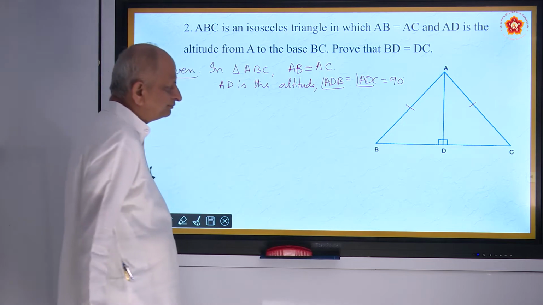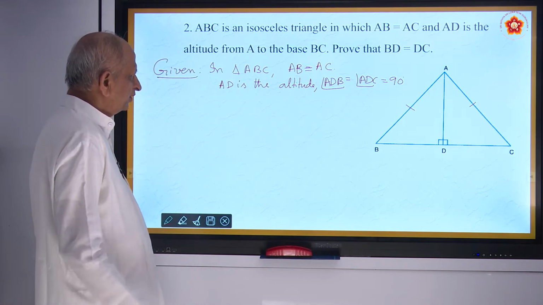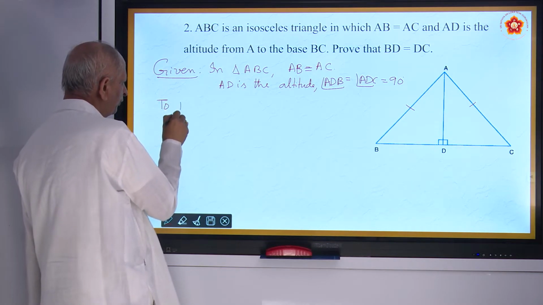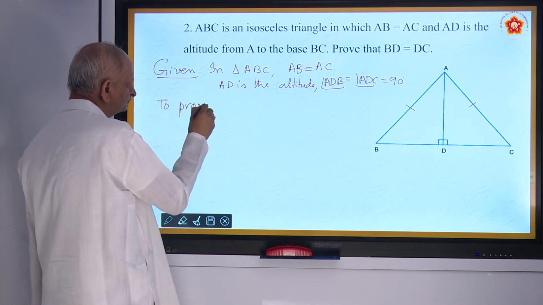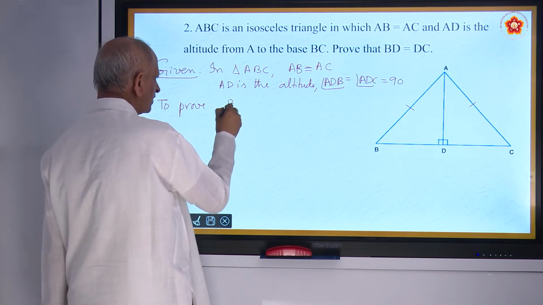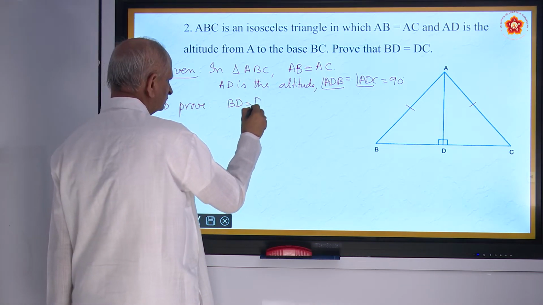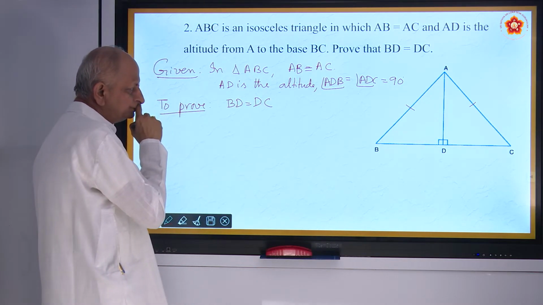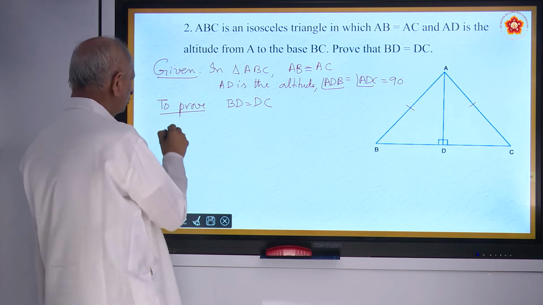That is the meaning of altitude. So what do you have to prove? To prove that BD is equal to DC. BD is equal to DC. So, proof.